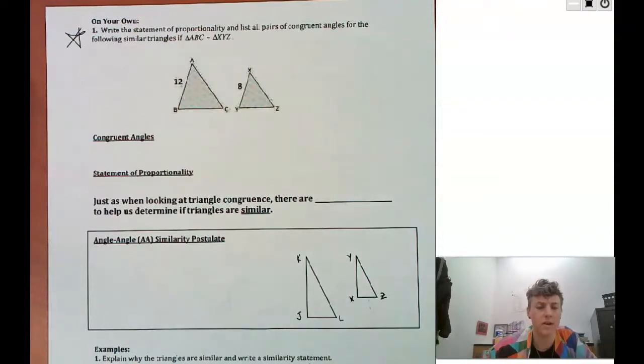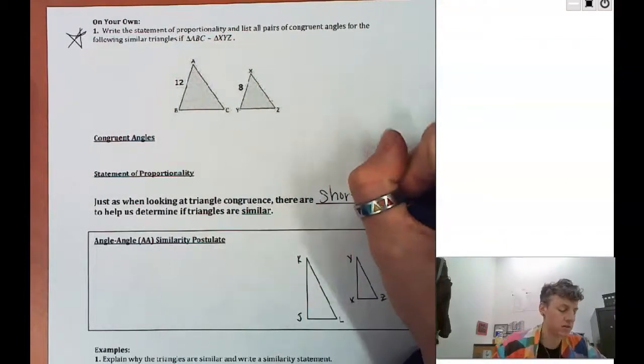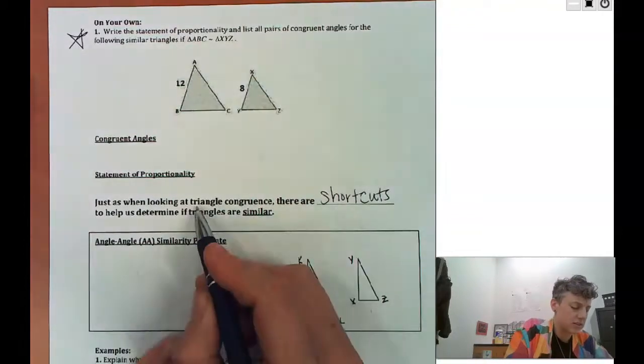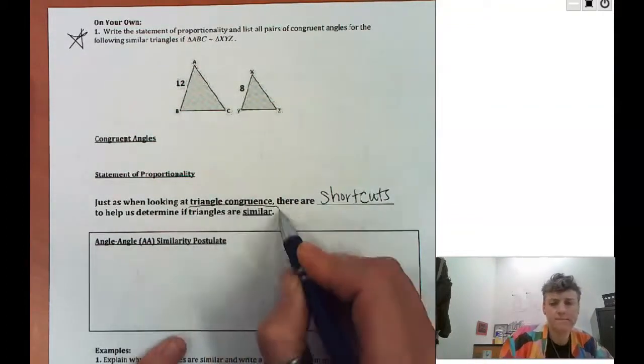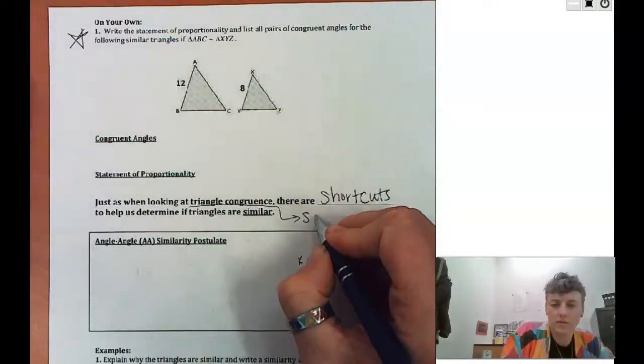All right, now that you have written out your congruent angles and your statement of proportionality, just as when we looked at triangle congruence, there are some shortcuts to help us remember if triangles are similar. What were our shortcuts for triangle congruence? We didn't measure every single side and every single angle to prove that triangles were congruent. We said if you know all their sides are congruent, triangles are congruent.